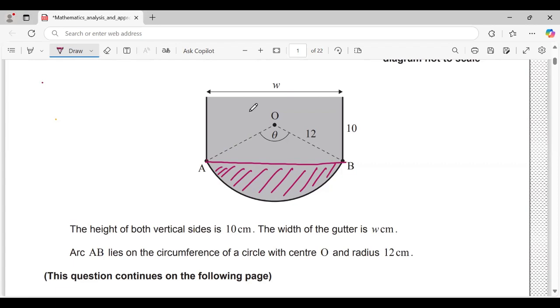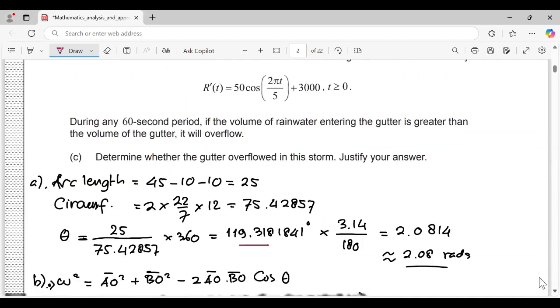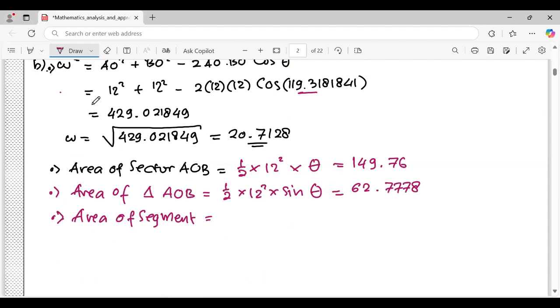And then the area of the rectangle plus the area of the segment is the area of the cross section. Area of segment is the area of sector AOB minus the area of triangle AOB. So 149.76 minus 62.7778, and the result is 86.9822.